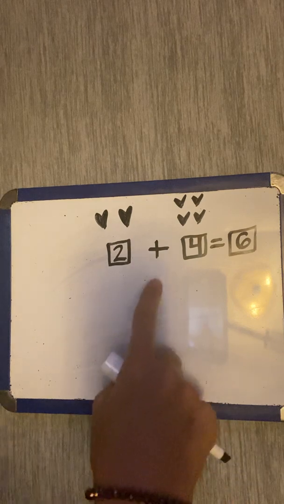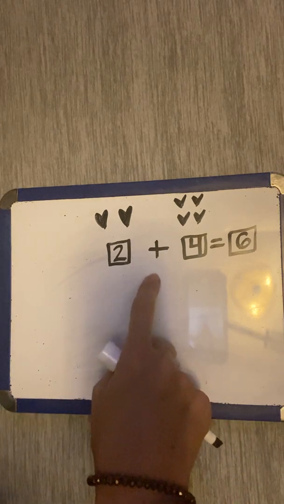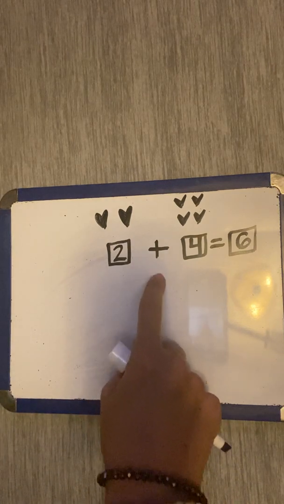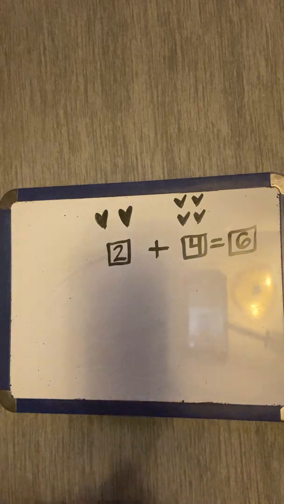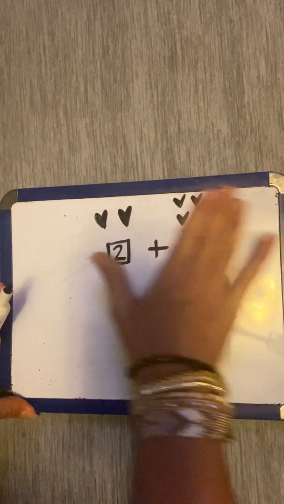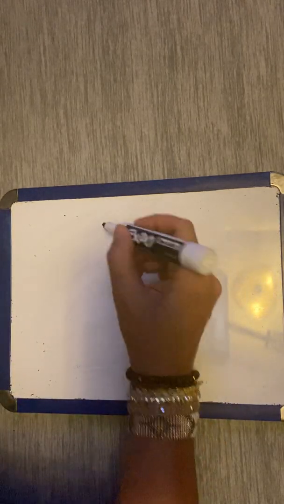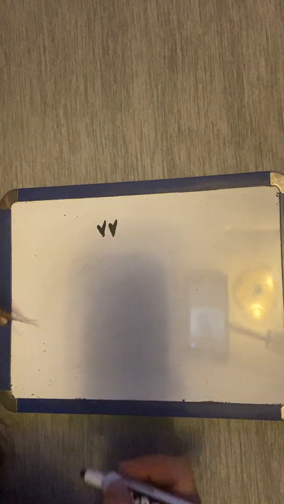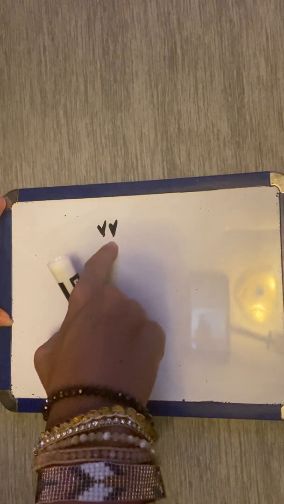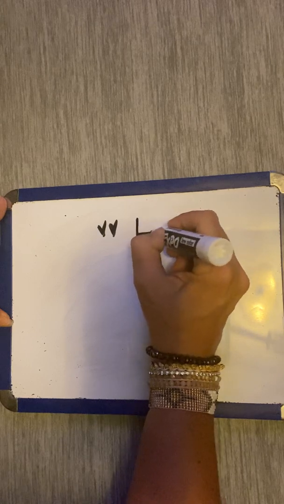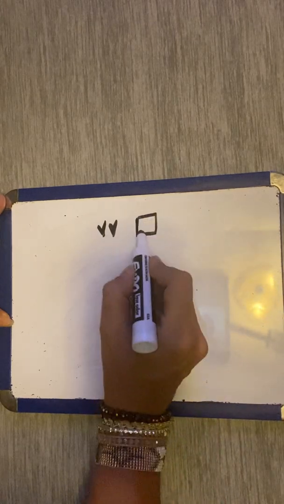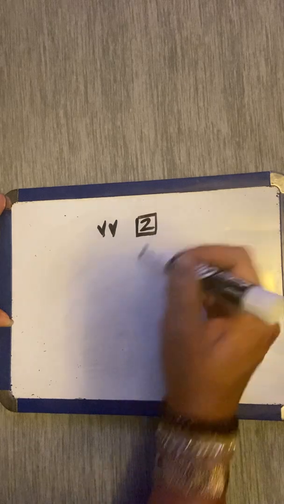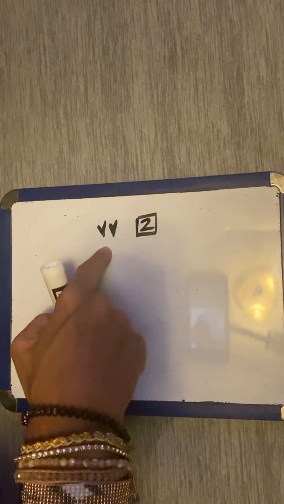Okay? This is all you're going to be doing, and then you're just going to see the same thing, but you're going to write this same problem vertically. Let me show you what I mean. Okay? After you write it horizontal, you're going to see, watch this. It's going to be the same thing. Again, I have 2 hearts, but this time my box is out beside it. Okay? So we put 2 to represent our set.